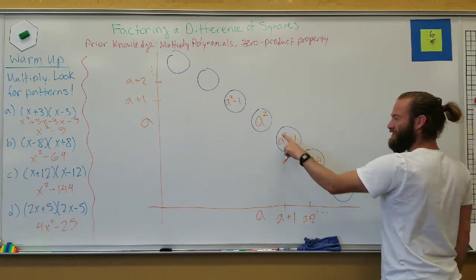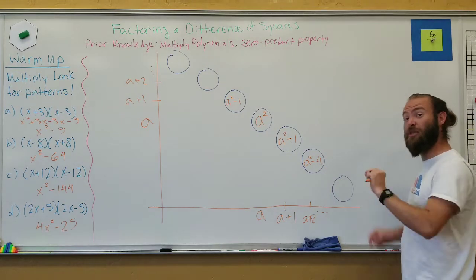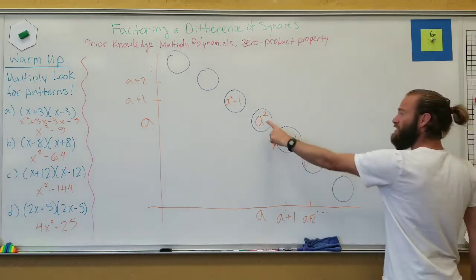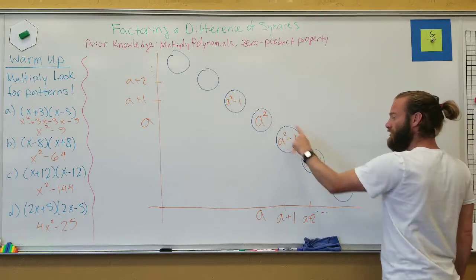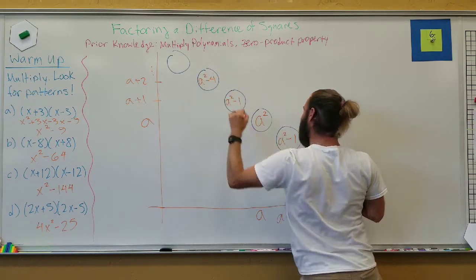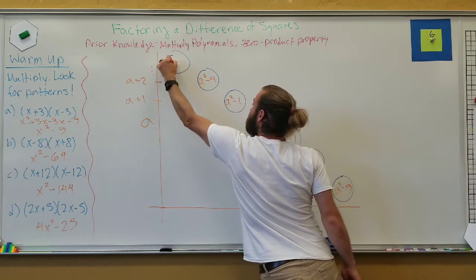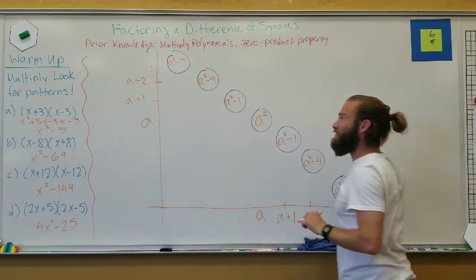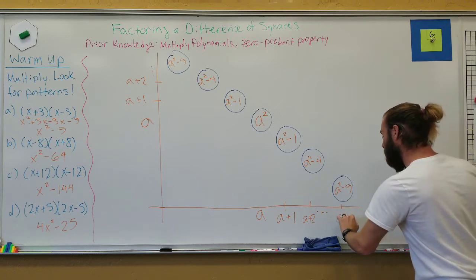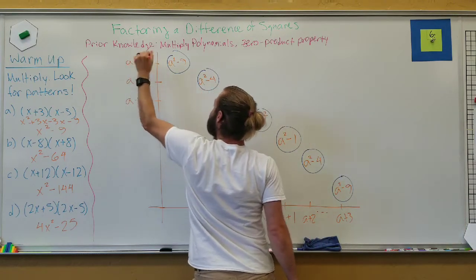So it's tempting to think this is 1, 2, 3, etc. But actually just go back to the multiplication table and look at the patterns, and you'll see that this one goes down by 1, but then this one goes down by 4. And same with this one. And then the next one goes down by 9. So this is also a squared minus 9, etc. Okay, and that's if this one is a plus 3 and a plus 3.